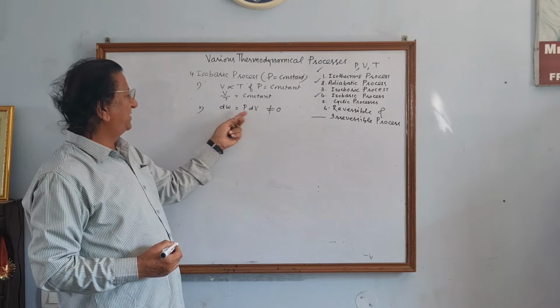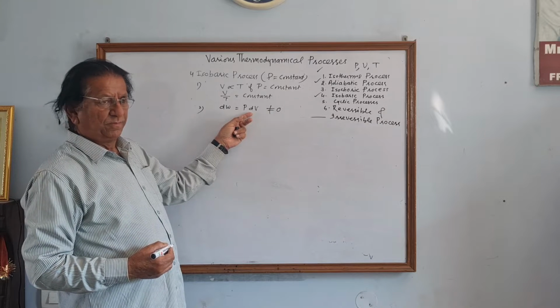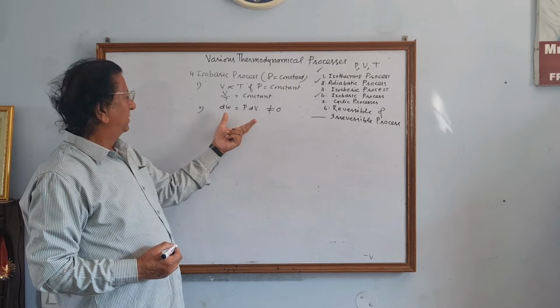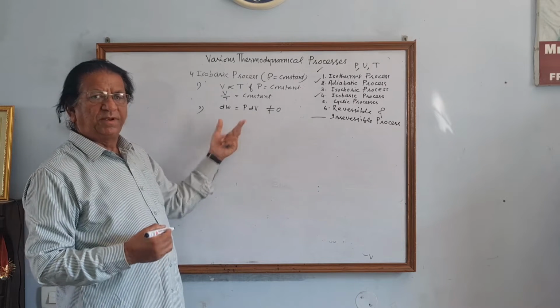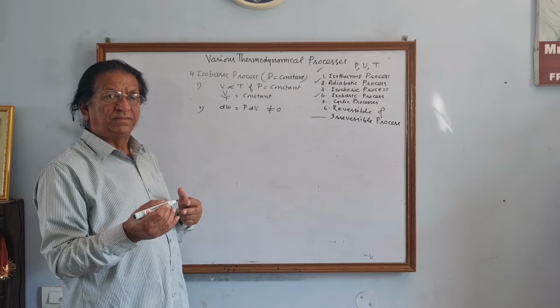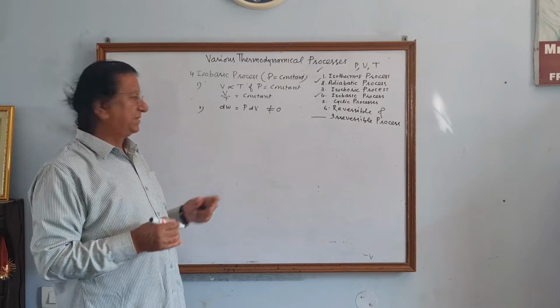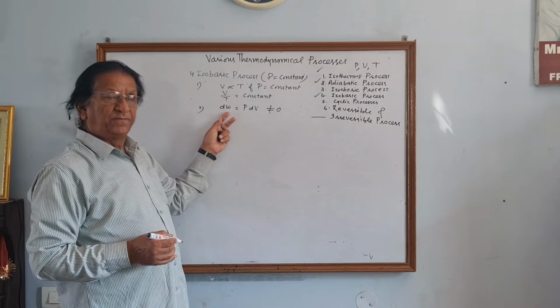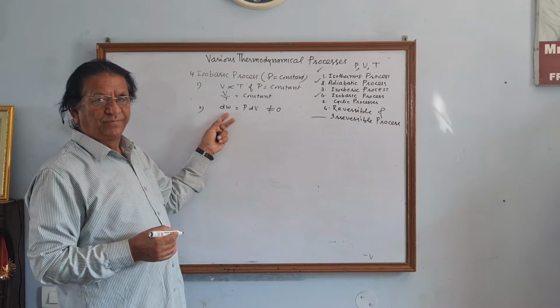Work done is pressure into change in volume. Work may be done by the system, or may be done on the system. If it is done by the system, work done is positive. If work is done on the system, then it is negative.